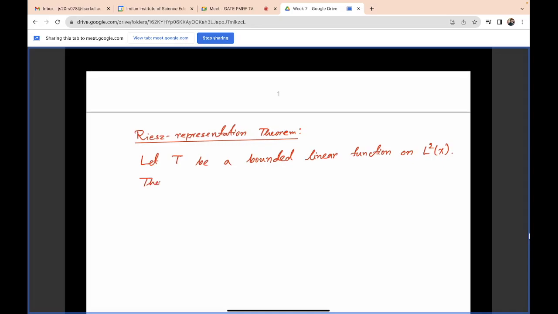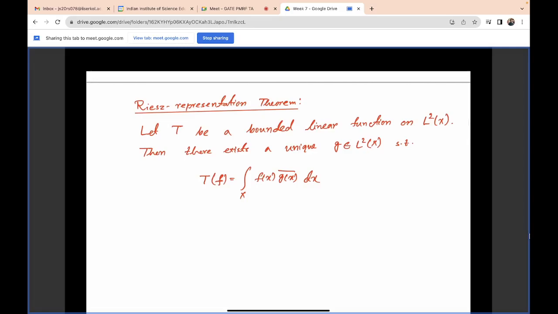Then there exists a unique g in L2 of X such that T of f is given by the integral of f(x) times g(x) bar, with respect to the measure on the measure space X, for all f in L2 of X.